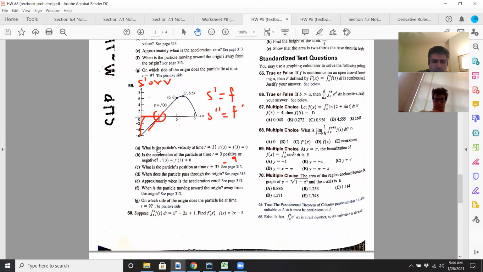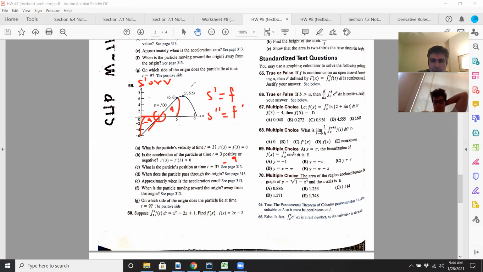For D, when does the particle pass through the origin? Basically, when your position is 0, definitely at 0 itself, but also at 6, because these areas are going to cancel from 0 to 6, because from 0 to 3, it's -9, and from 3 to 6, it's +9. So I would gather at 6 also.